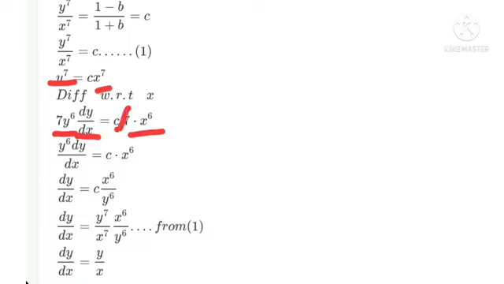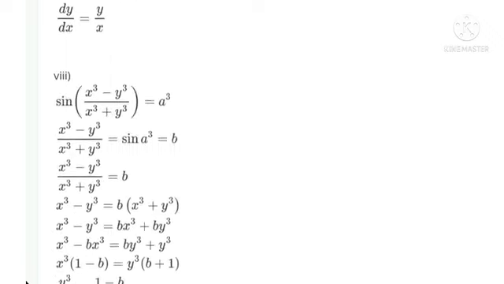So 7 gets cancelled. y raised to 6 into dy by dx is equal to c into x raised to 6. So we get dy by dx is equal to c into x raised to 6 upon y raised to 6. Now put the value of c, y raised to 7 upon x raised to 7. So the final answer is dy by dx is equal to y upon x.